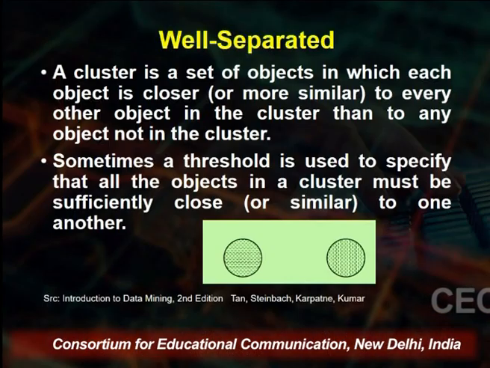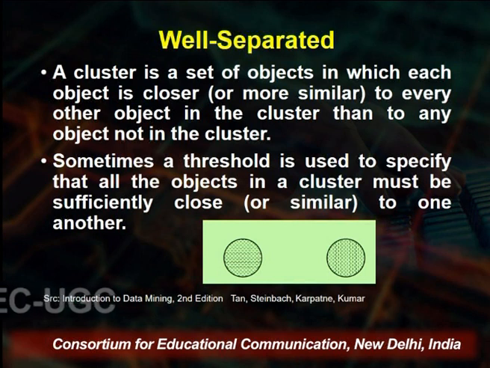So when we say well separated cluster, in this diagram it is shown that the set of objects in which the object is closer or similar to every other object in the cluster than to any other object which is not in the cluster.